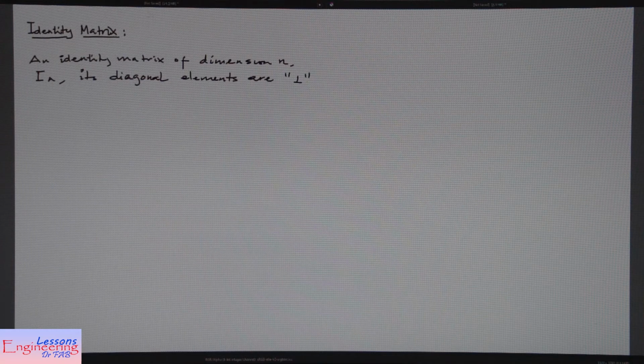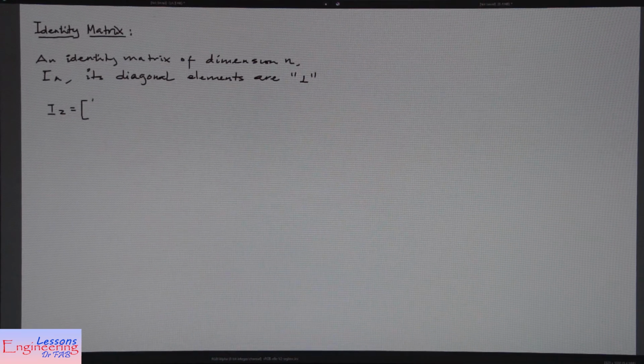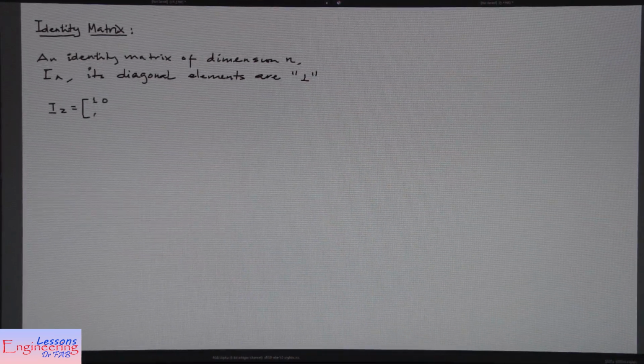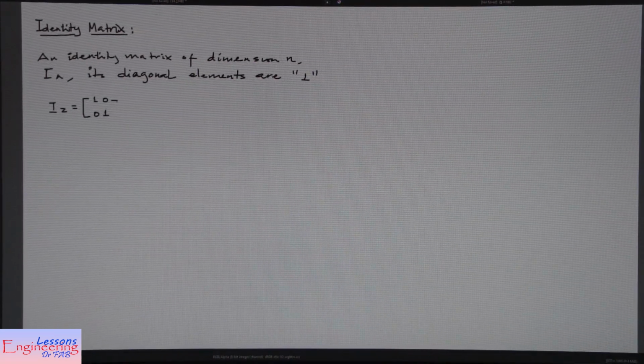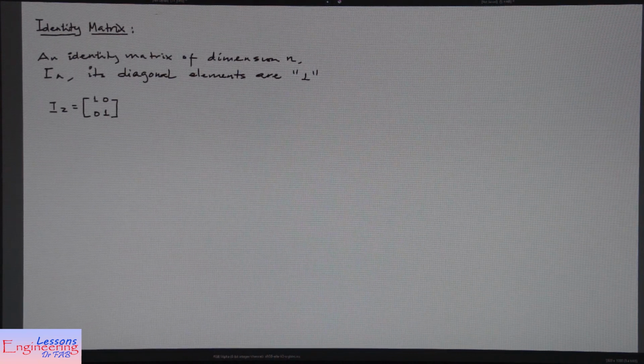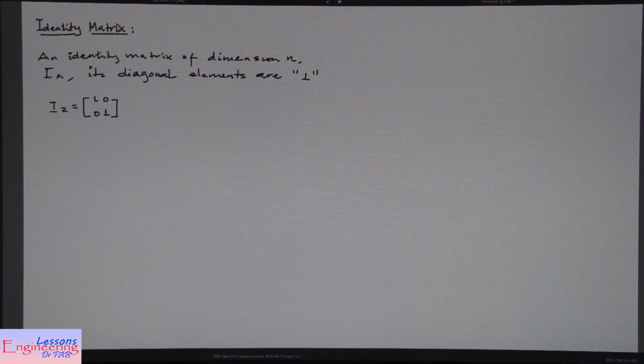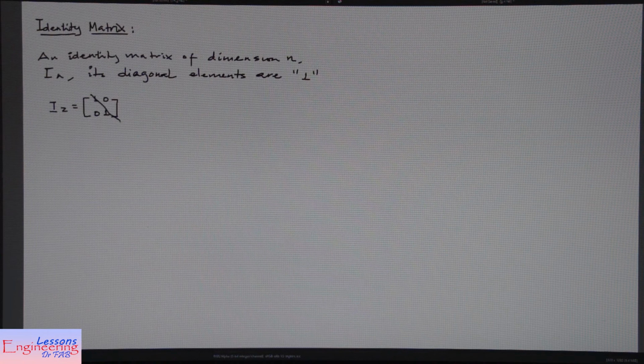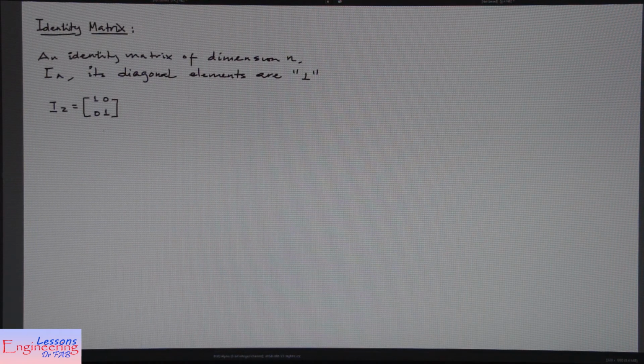In this case, what does this In mean? If I have an I2, this means this is a 2 by 2 identity matrix. It will be 1 0 0 1. As you can see, the diagonal elements are 1 and the non-diagonal elements are 0.